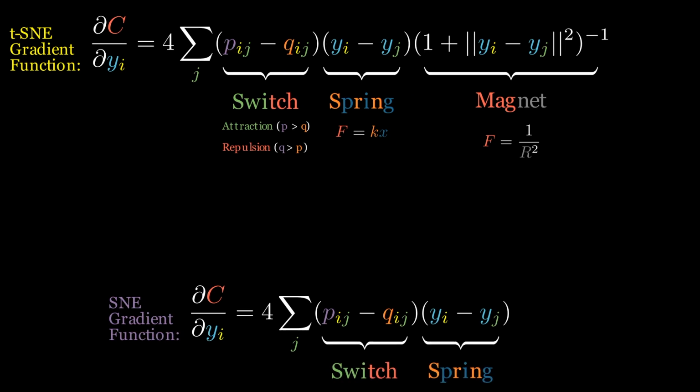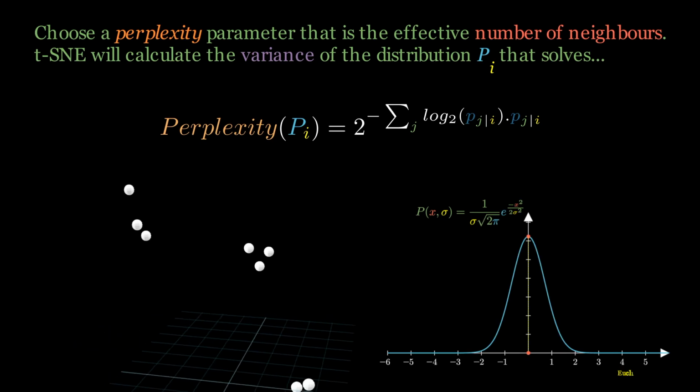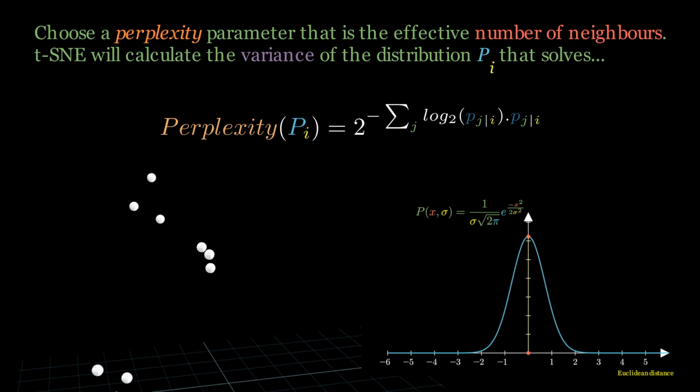It's the presence of this magnet term that stops the points in the map bunching together. It will exert a strong repulsive force when dissimilar points get too close to one another. One final point that I promised to come back to is the choice of variance in the model for working out neighbourliness in our high-dimensional space.